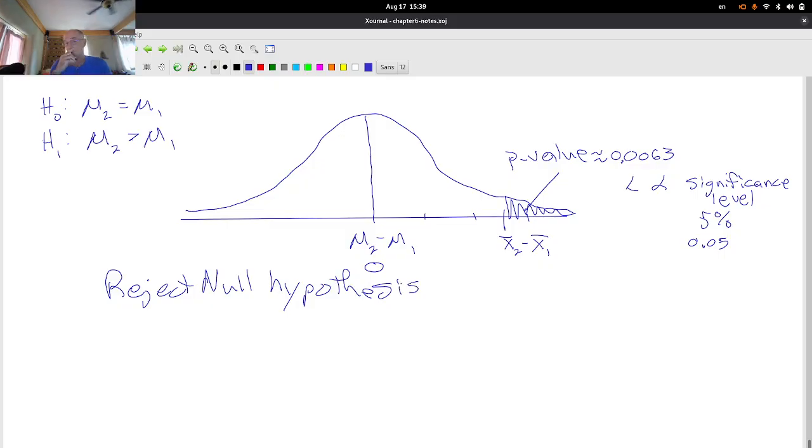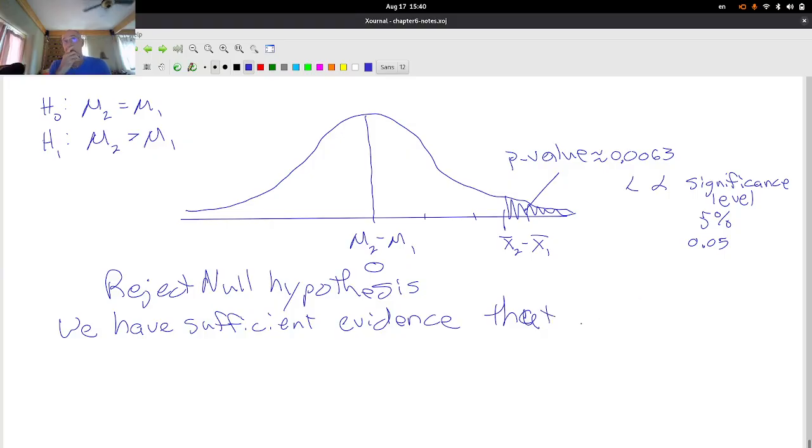And hypotheses are all pretty similar. Stating the conclusion, you would state, in this case, I do have significant evidence that there is a significant difference, and then go state what the difference is. So let's give that a shot. So we have sufficient evidence that, let's see, a couple ways I could state that.